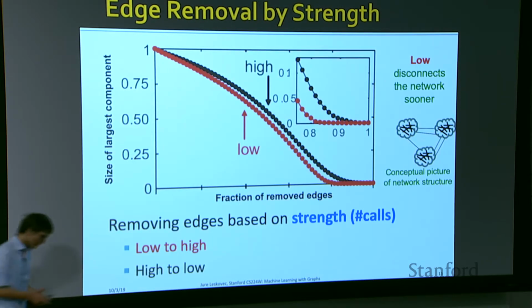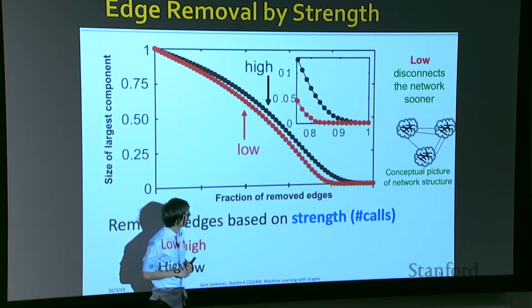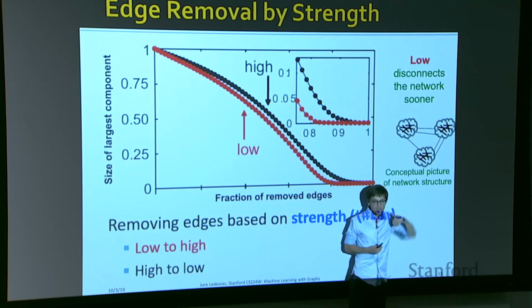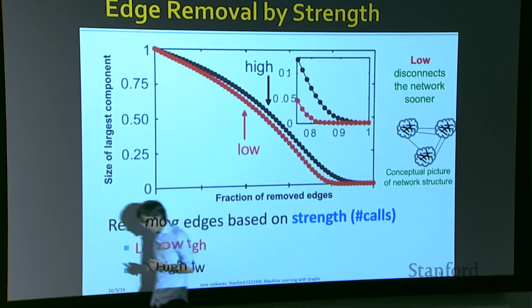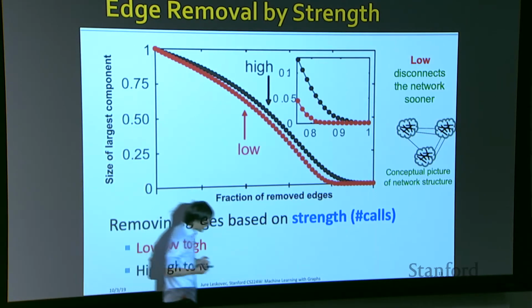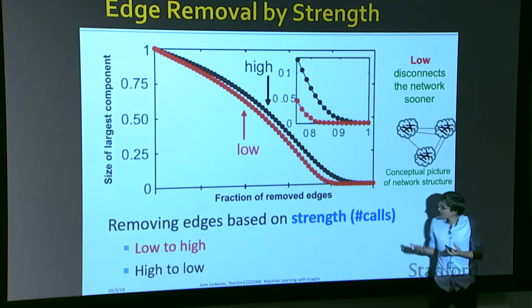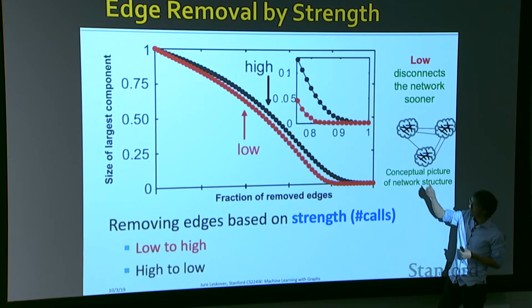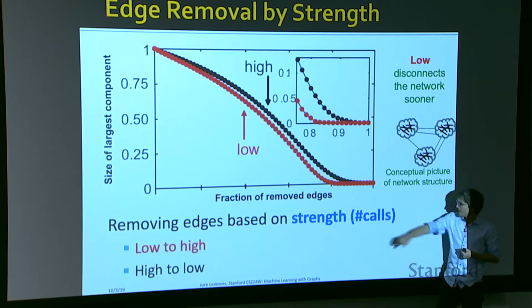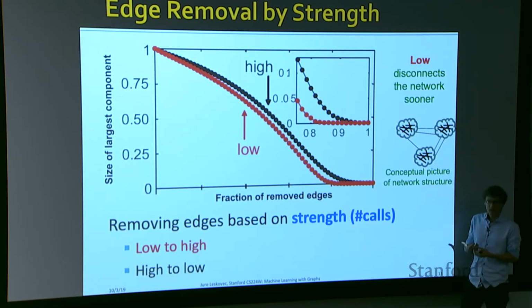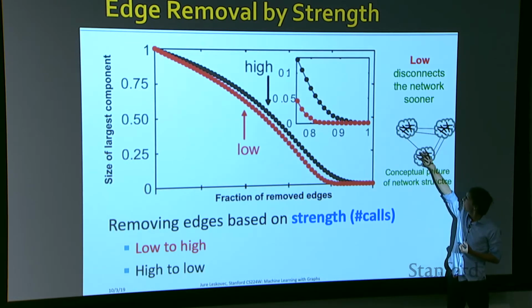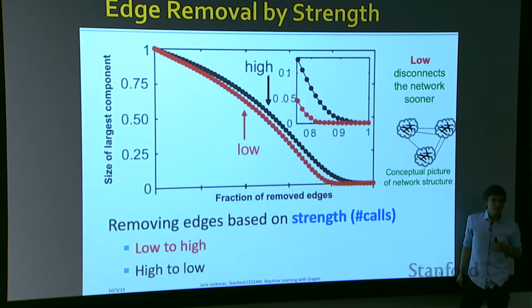Another thing, so now we kind of verified Granovetter, but we would still like to see does our network have these types of clustering structure? If our network has this clustering structure, then the idea that this experiment tries to solve is the following. If I take strong edges, edges by the number of phone calls, and I remove them, then these edges should be here inside, and I can remove a lot of them, and the network will still be connected.